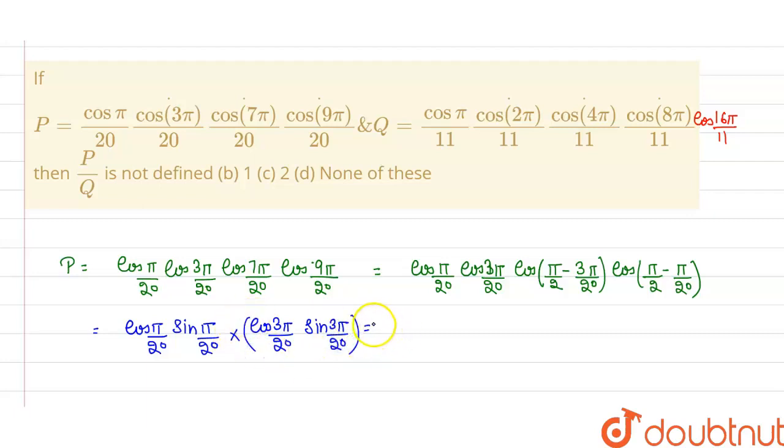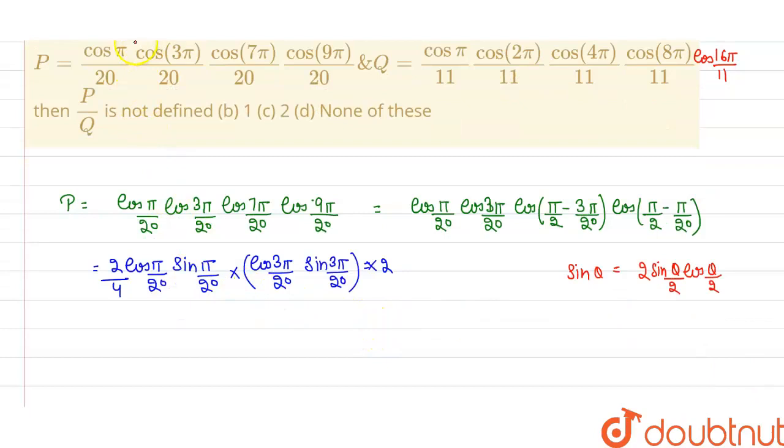Now multiply here with 2 and here with 2 and divide by 4, because as we know, 2 sin theta cos theta equals sin 2 theta. Now we can write this term as 2 cos pi by 20 sin pi by 20, we will get sin pi by 10, and here we will get sin 3 pi by 10, divided by 4.